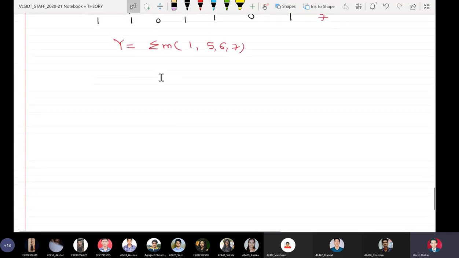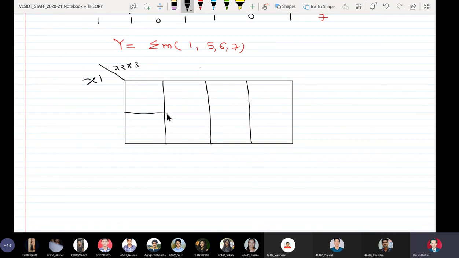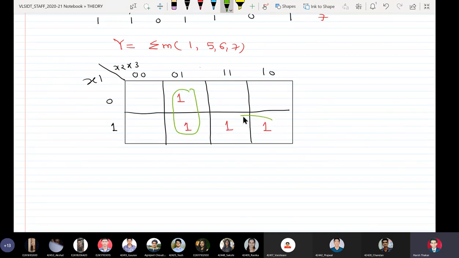If you make a K-map here, with x1 x2 x3, and here we have 1 5 6 and 7, then if we do the pairing, we have this and this.